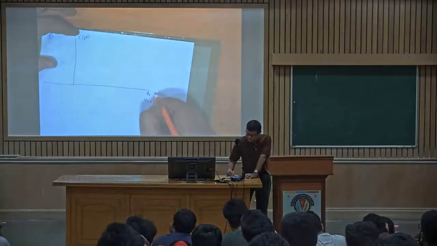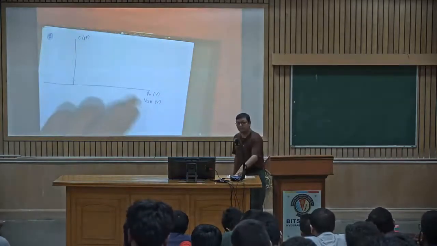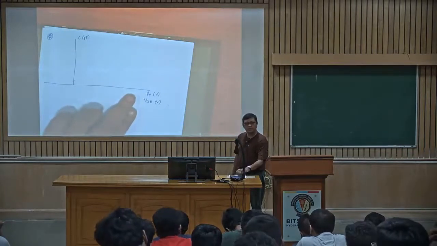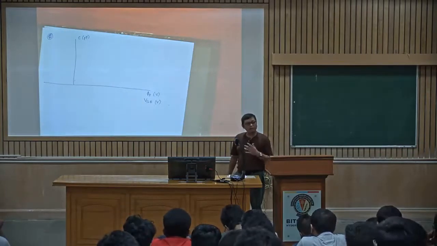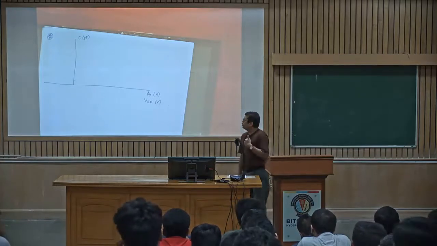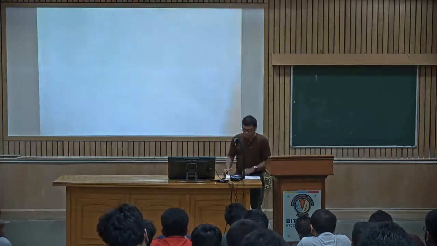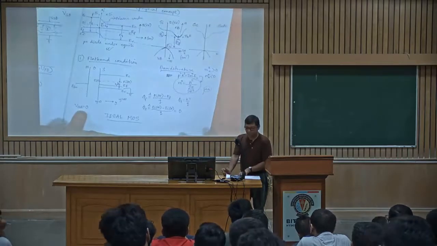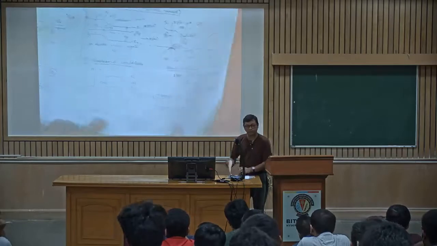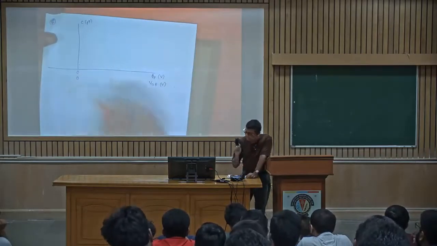Phi s, volts, this is volts. So why two things here? In the x-axis, we are essentially going to plot the values of phi s as well as VGB simultaneously. The first thing that we have noticed is, when is flat band happening? At VGB equal to 0, when phi s is also equal to 0. Okay? So 0, 0.